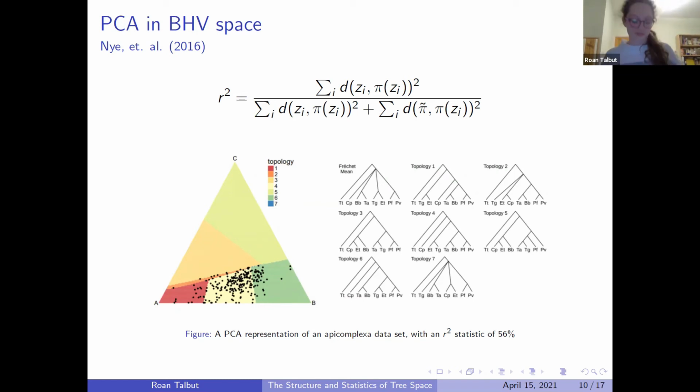So I'm not sure if you guys have any questions about that so far before I start talking about tropical geometry. Oh, thanks, Roan. I'm not sure I followed that much, but just to clarify, when we say PCA, we're trying to find a lower dimensional subspace which gives a good fit to the data.